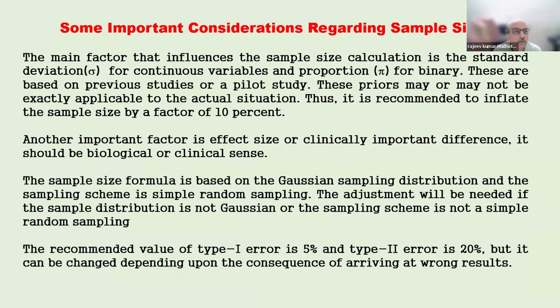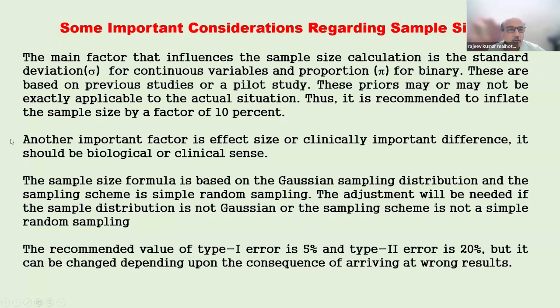So these are some important considerations regarding the sample size. I think I have already explained all these things. You increase the sample size if you are using pilot studies. Another important factor is the clinically important difference. I will read this out.